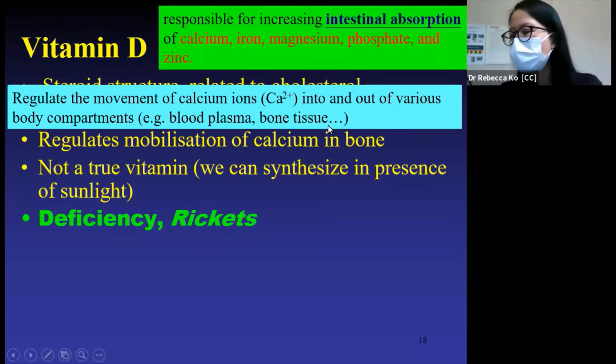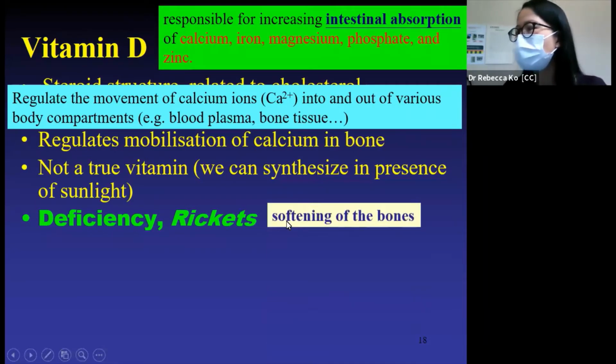That deficiency we call rickets, and that is softening of the bones.